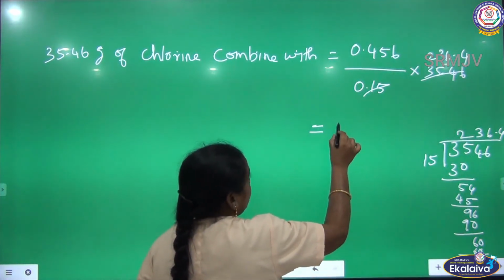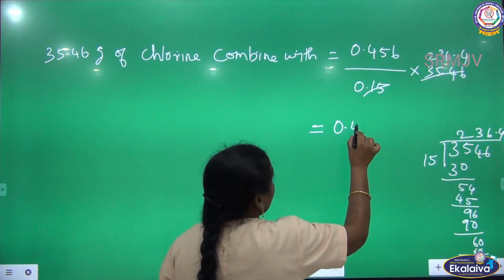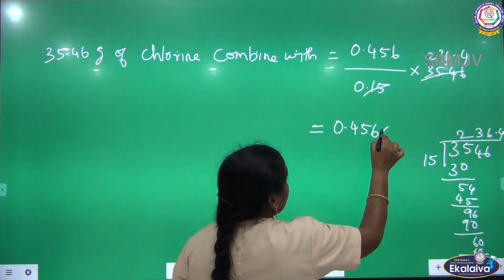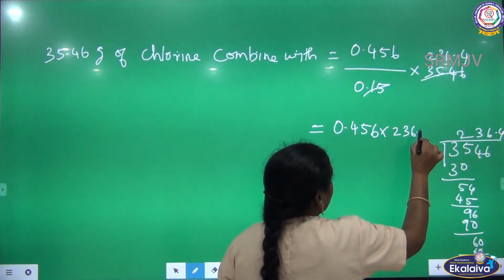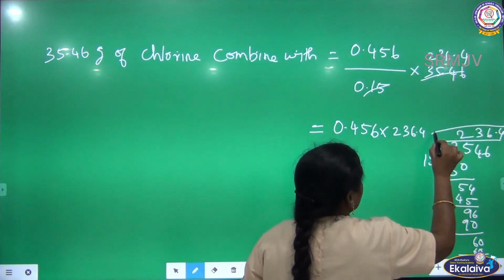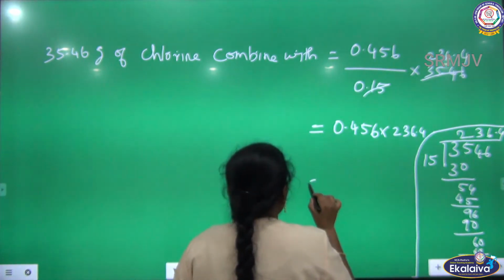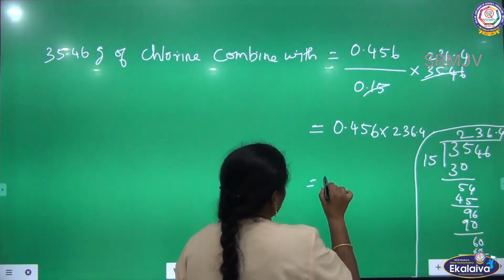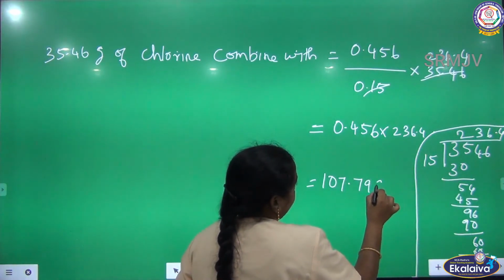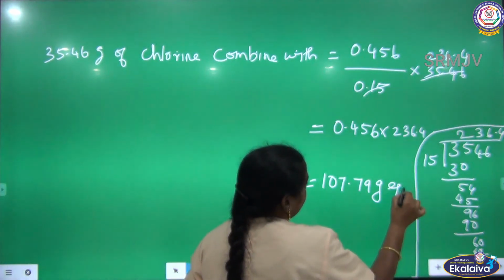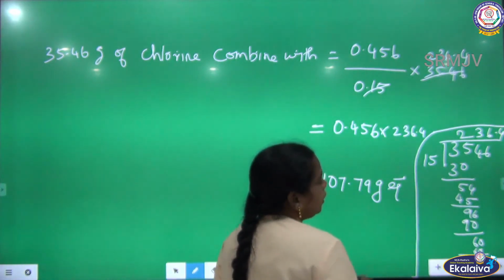If you multiply 0.456 into 236.4, you are going to get 107.79 gram per equivalent.